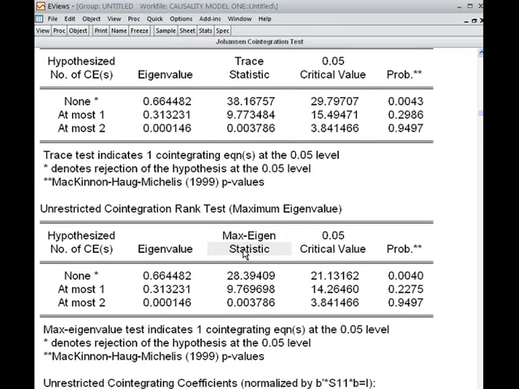So what is the guideline? If the variables are cointegrated, we can easily run vector error correction model, and that we shall do now after a while.